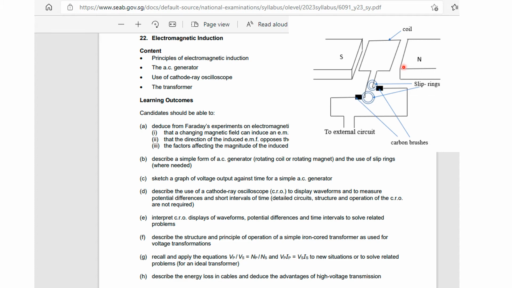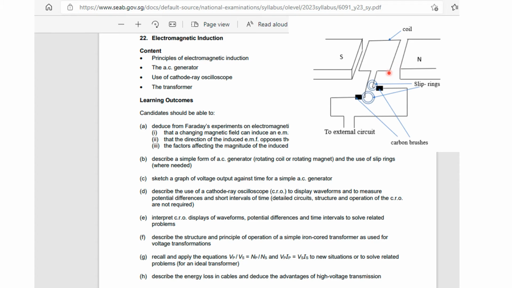Because we are producing electricity, to find the direction of the current that is being produced, we will make use of Fleming's right hand rule. Take note, we use Fleming's right hand rule when what we want to find is the direction of the induced EMF. If you want to look at the direction of the induced current, what we need is to know how this coil is moving.